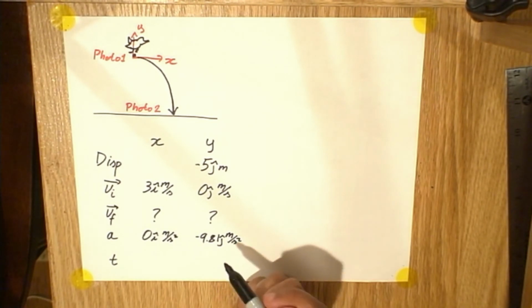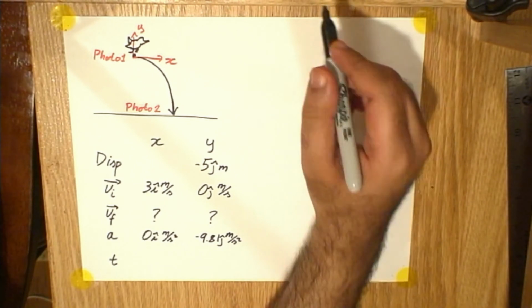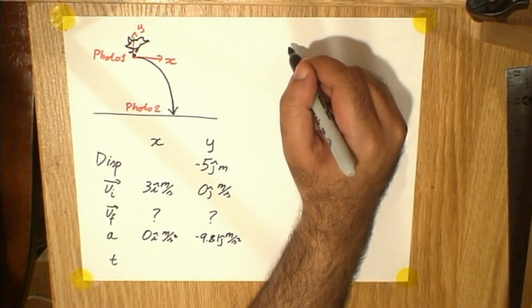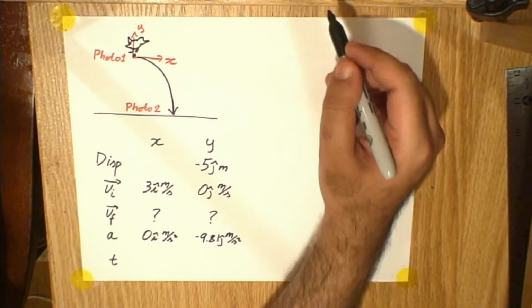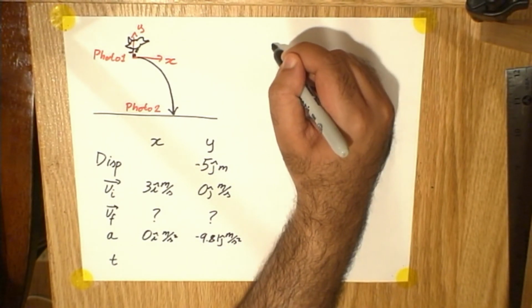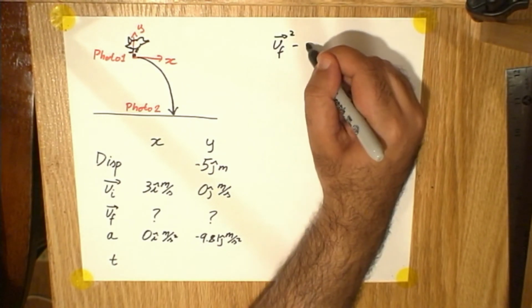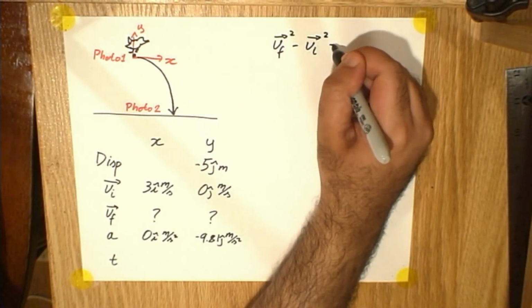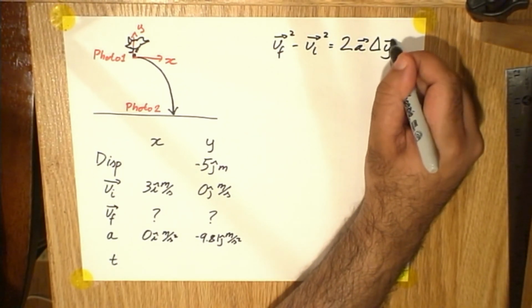So let's start by solving for the final velocity in y. In y, there's only one equation that weaves together these four quantities, and that is v final squared minus v initial squared equals 2 times acceleration times delta y.